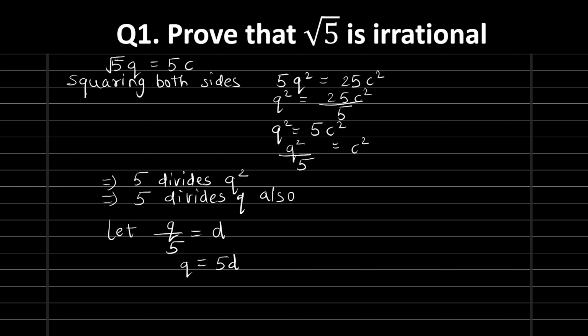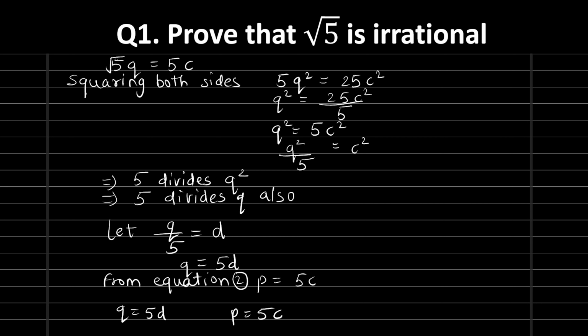But from equation 2 we got p equals 5c, and here we are getting q equals 5d. Since q equals 5d and p equals 5c, what can we say? 5 is a common factor in both of them, p and q.